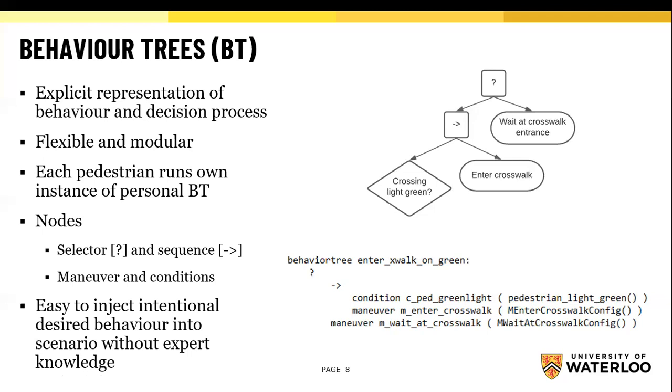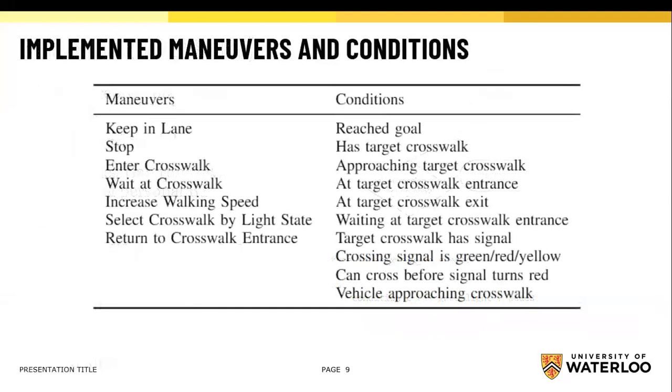You can use this catalog of maneuvers and conditions to compose all sorts of different behavior trees that produce different behaviors. So this is a list of the currently implemented maneuvers and conditions, and these were developed iteratively through our evaluation process.